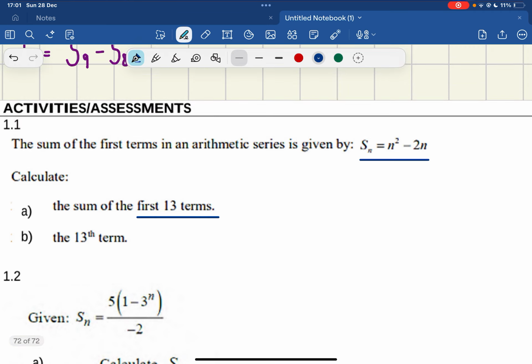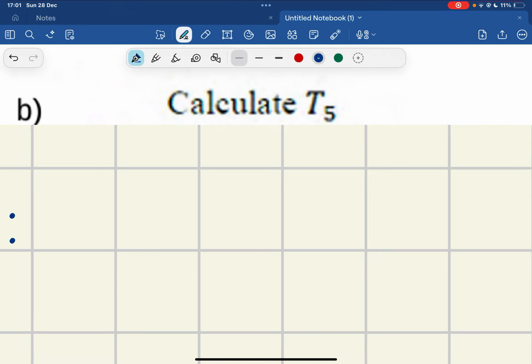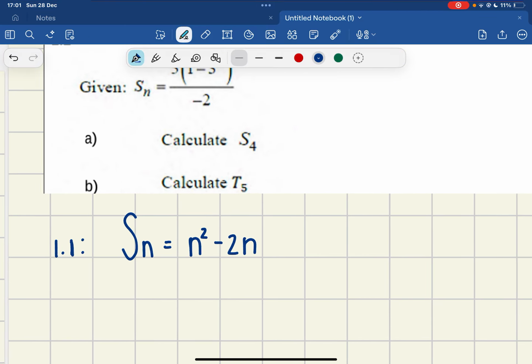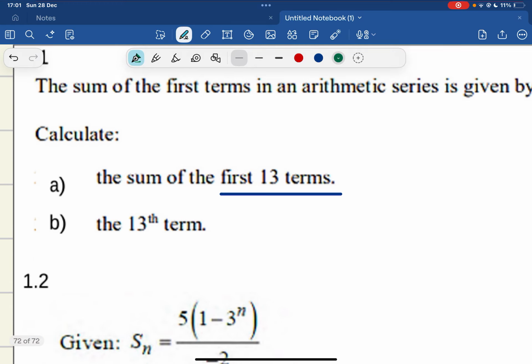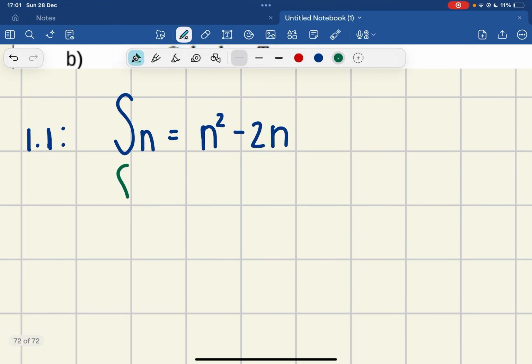1.1. The formula given is Sn is equal to n squared minus 2n. I just want to ensure my handwriting is proper here so you can see what I'm talking about. They say we should calculate the sum of the first 13 terms.